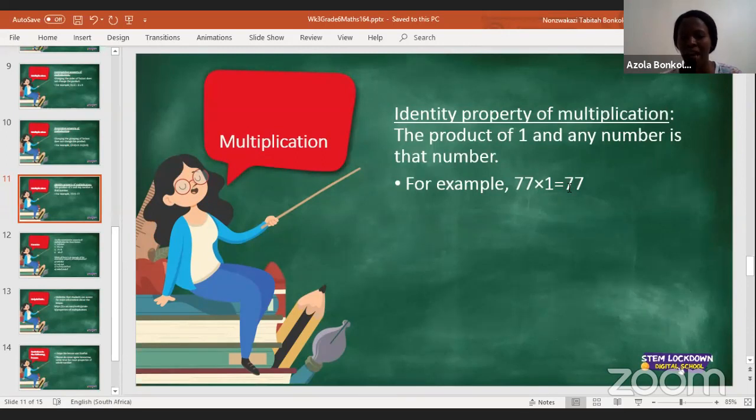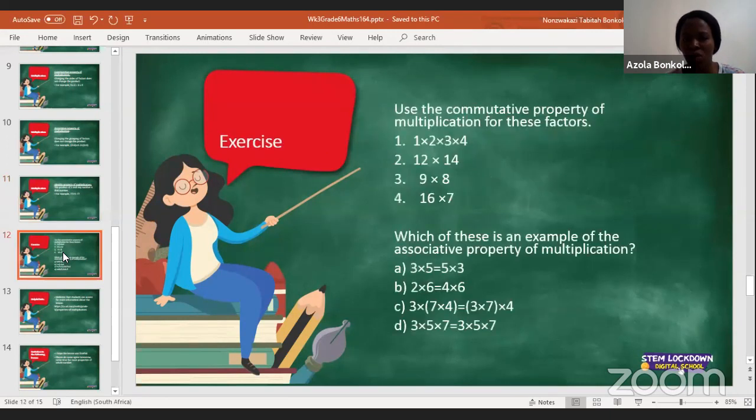Okay, because we are not adding the 1, we are multiplying by 1. So the rule in multiplication: any number that is multiplied by 1, the number will remain itself. It will not change. It is going to be the same number. I hope everyone is now on the same page with the multiplication.